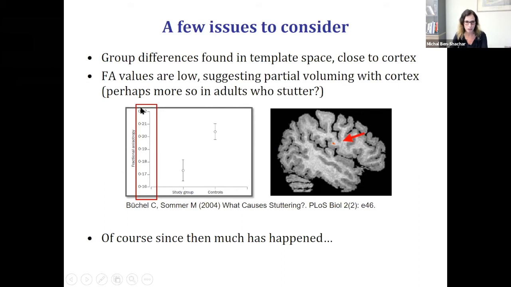And when you look at the details here, if you look at the y-axis, you'll notice that indeed these two groups differ. Actually, anisotropy is very, very low in both groups. And so this raises some questions, whether we can recreate this using different tools. And of course, this was 2002 and many things happened. A lot of research happened since then. But this was really what started us off in this direction.